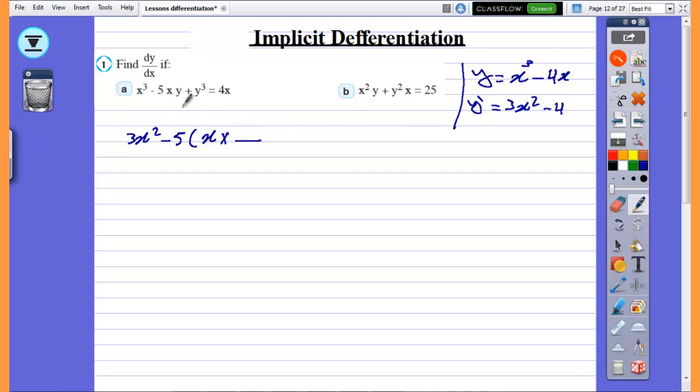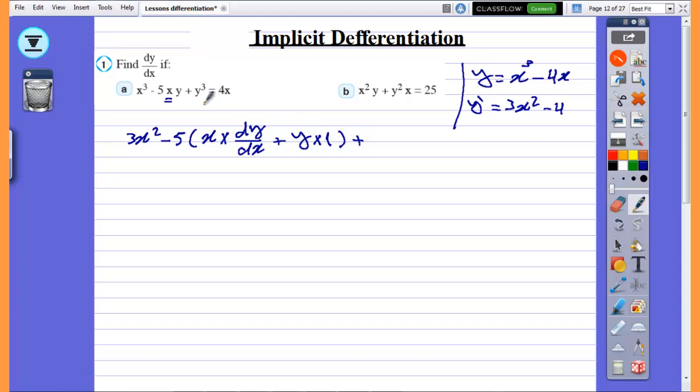The derivative of y with respect to x is dy dx, plus the second function itself, y, multiply the derivative of the first. The derivative of x with respect to x is 1.